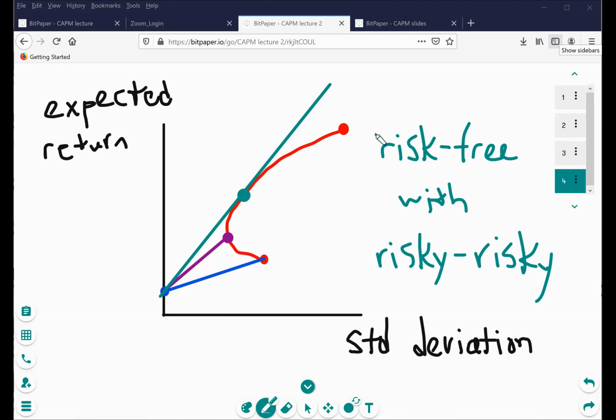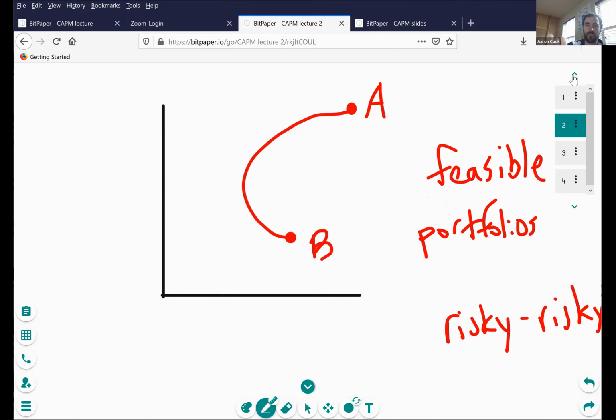On the slides previously we had calculated the expected return and the standard deviation for any combination of portfolios.